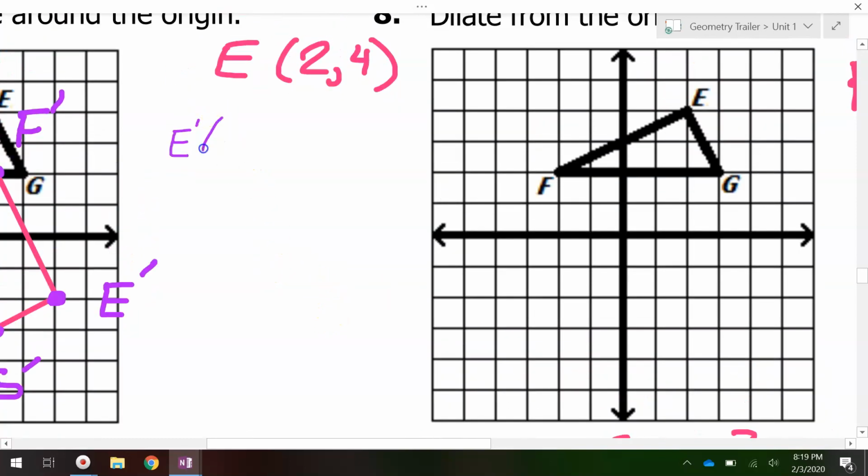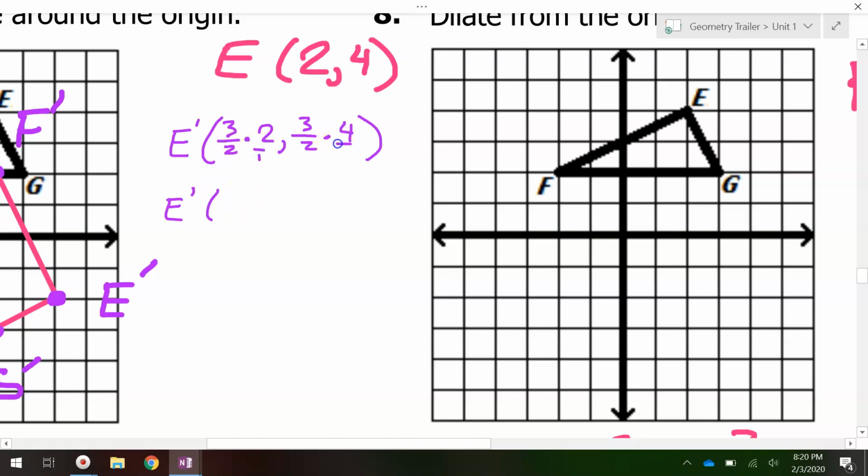So that means I need to do 3 over 2 times 2, and I need to do 3 over 2 times 4. So if you have a calculator handy, you can just multiply these on your calculator if you need to. Or you can use your brain and do it by hand.